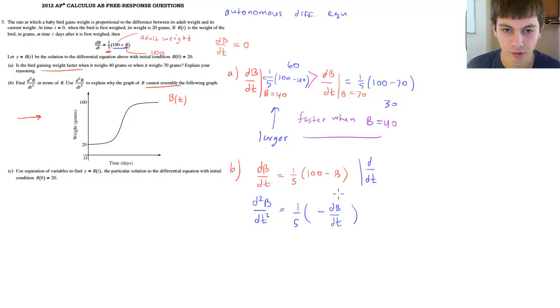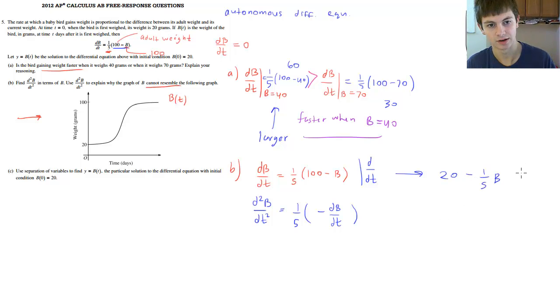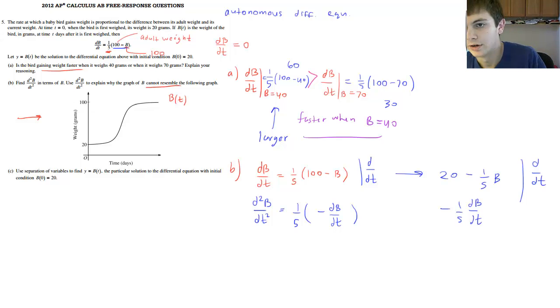And if that seemed a little funny, you could also just turn this into dB dt is also equal to 1/5 of 100, which is 20, minus 1/5 b. And then if you take the derivative of that with respect to time, you get negative 1/5 dB dt. Okay, so we have our second derivative in terms of dB dt here, but we already know what dB dt is.